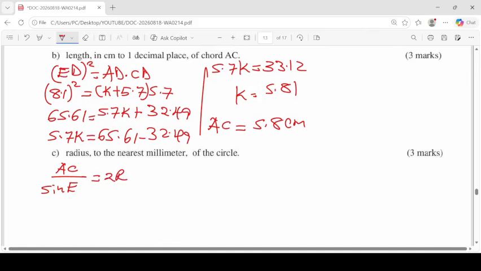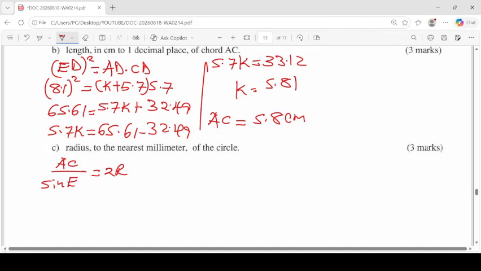So AC here is 5.8, and they're talking about the nearest millimeter. AC is 5.8 over sine E, and the angle there at E is 49, should be equal to 2R.